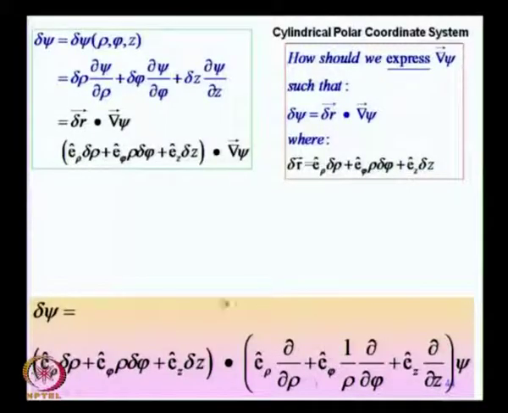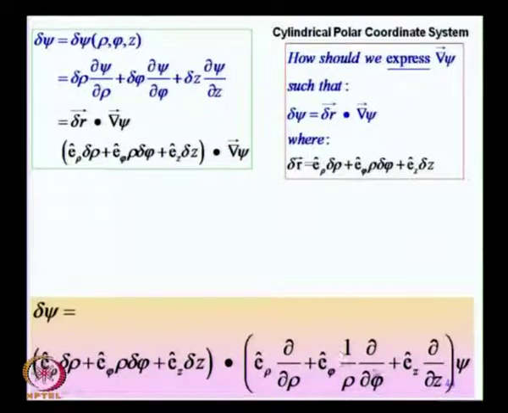This must be the dot product, because now if you multiply term by term, you get del psi by del rho times delta rho, which is the first term.